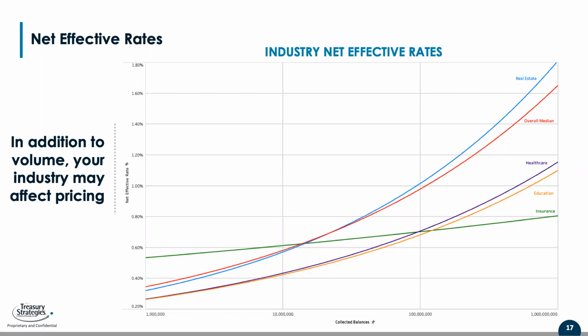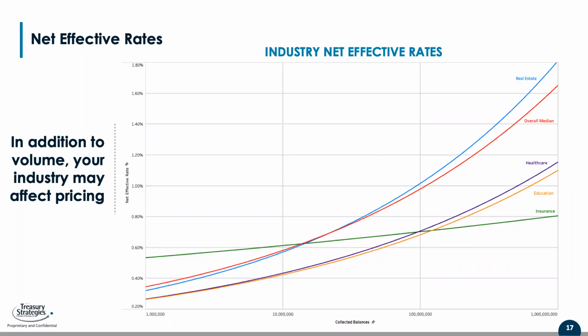We suspect this is likely attributable to the fact that insurance companies, specifically those with significant balance levels, many of them are holding those balances as custodial balances, which, by regulation, they're not able to earn compensation on, since they're custodians on that cash.